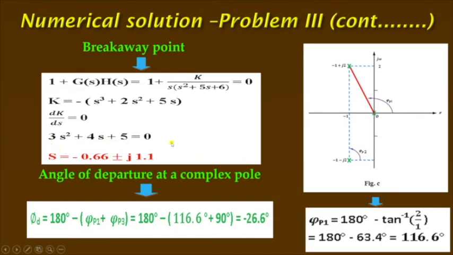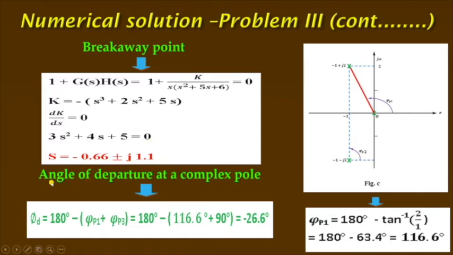Then roots of this equation are minus 0.66, and another is plus minus j1.1. But these points are not breakaway points because they do not appear on the root locus. Thus, there are no breakaway points in this system.